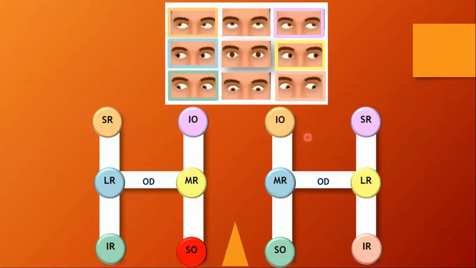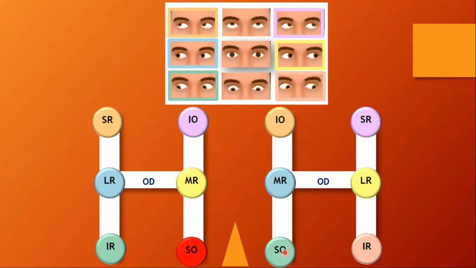So if we have a problem in these muscles, we will get contralateral face turn. Medial rectus underaction gives contralateral face turn. Inferior oblique palsy gives contralateral face turn. Superior oblique palsy gives contralateral face turn.